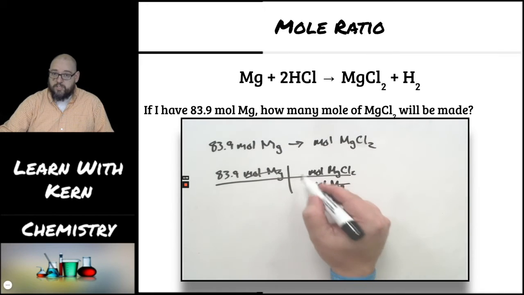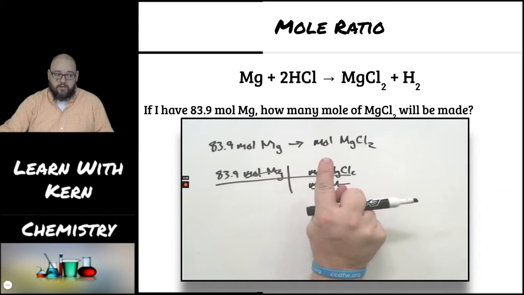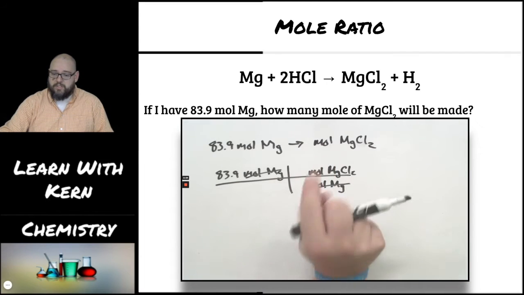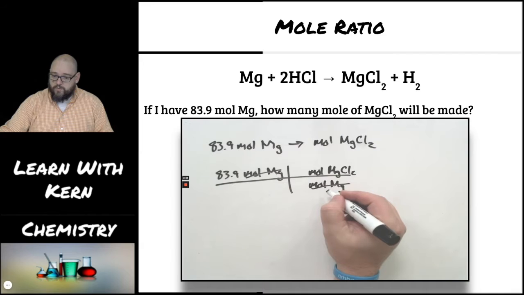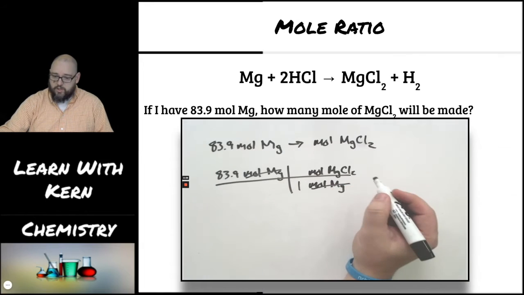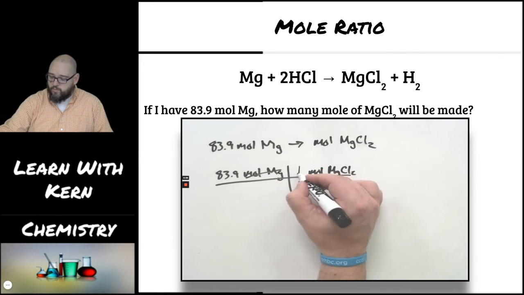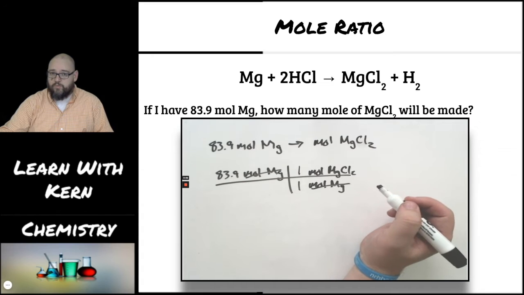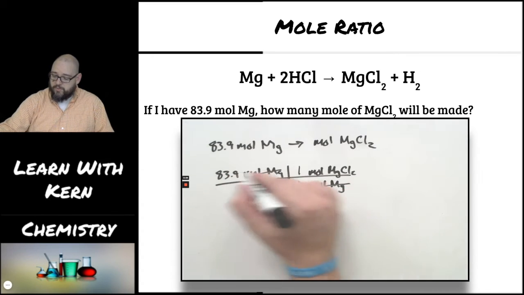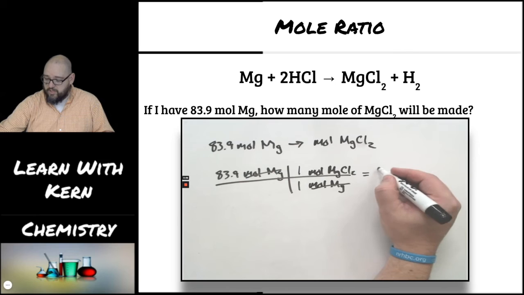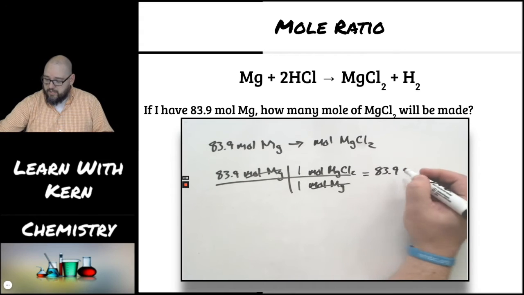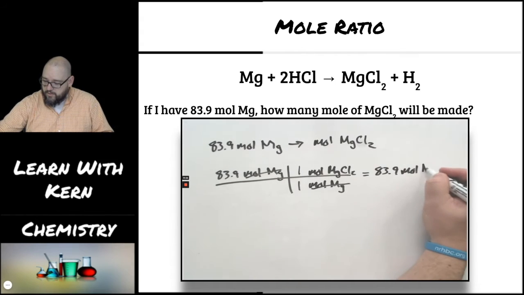So now the numbers that go here come from right up there, my balanced chemical equation. Well, the coefficient of magnesium is 1. The coefficient of magnesium chloride is 1. So this is actually a 1-to-1 ratio. And so I simply multiply things out and it doesn't change. It's 83.9 moles of magnesium chloride.